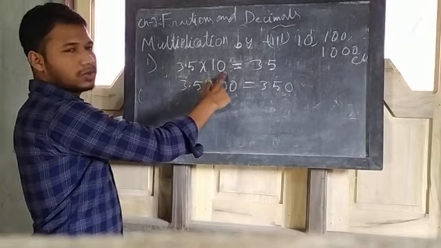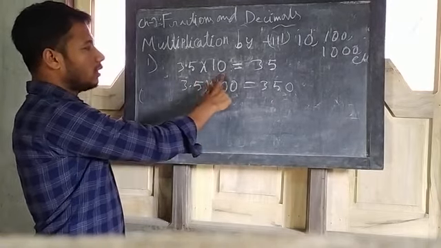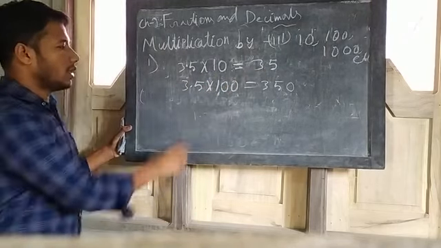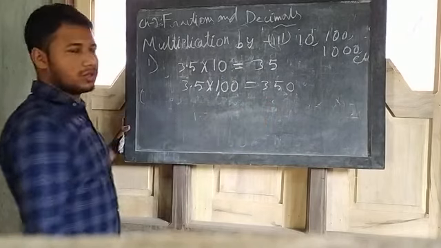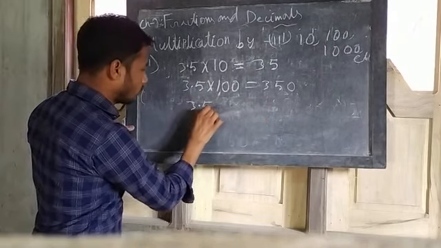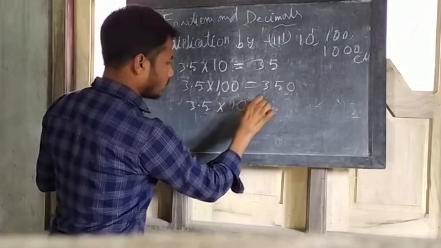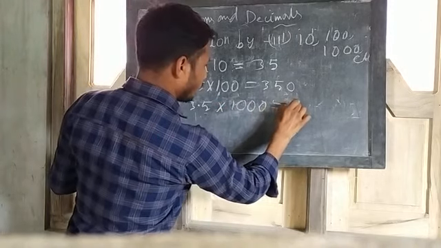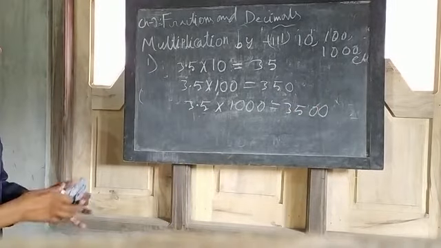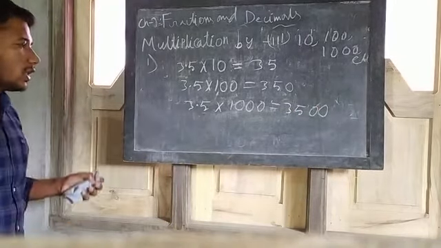The number of 0s over 1. There is one 0 in 10, therefore 35. And then 3.5 into 100, 350. Like this.